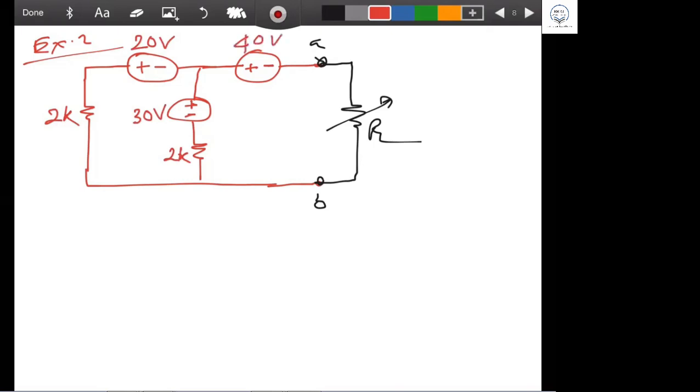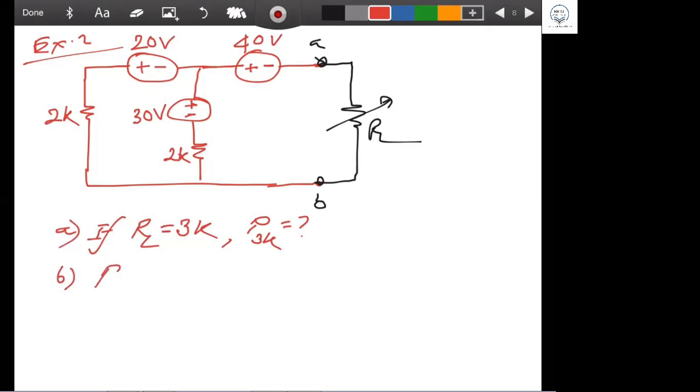Now the question here is, what is the question? Question A is, if RL is equal to 3K, then find PRL, P3K equal to what? B, I'm writing a shortcut, find the Pmax.